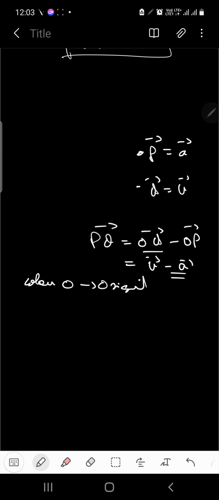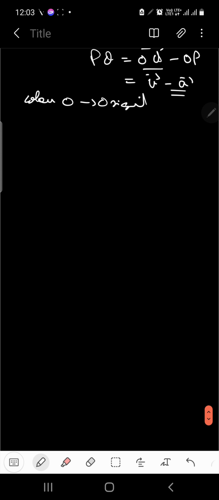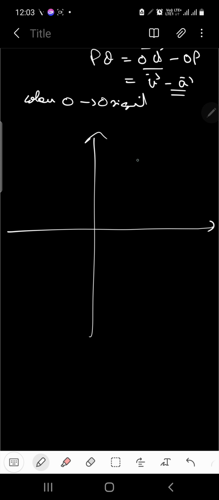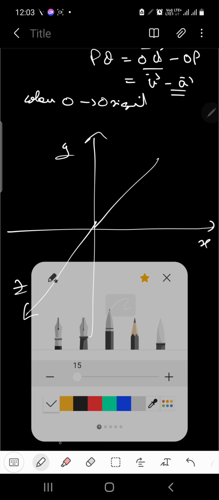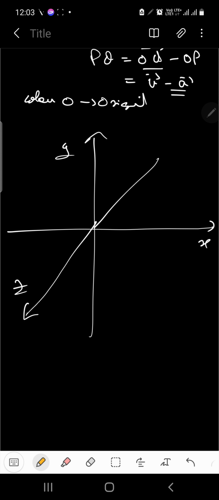Next we talk about the direction cosines of a vector. Direction cosines are easy to understand. Suppose this is the 3D plane. This is Y, this is X, this is Z. Clear? Now you have a line which cuts all these three axes.